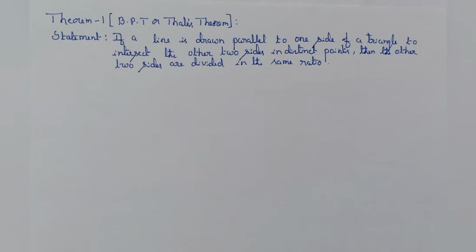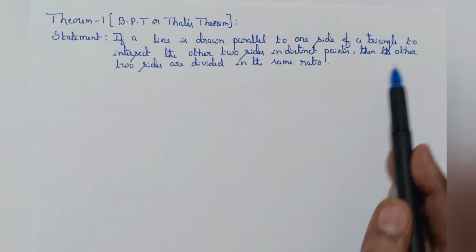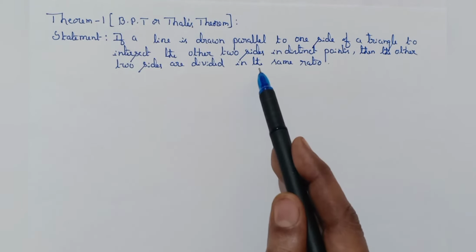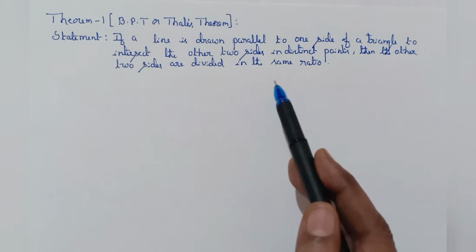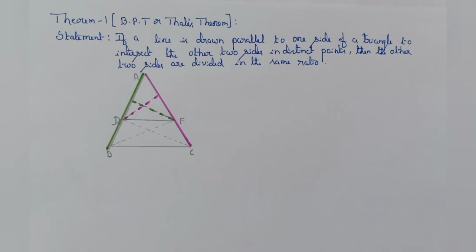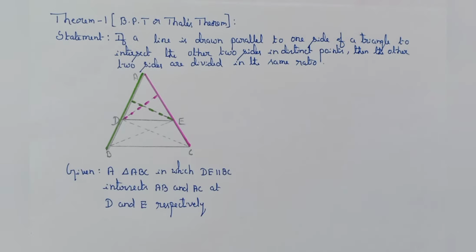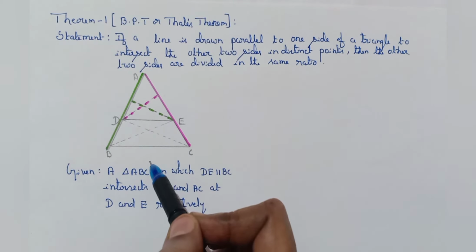It states that if a line is drawn parallel to one side of a triangle to intersect the other two sides in distinct points, then the other two sides are divided in the same ratio. Now, draw the figure. Now, write the given. In triangle ABC, DE is parallel to BC.